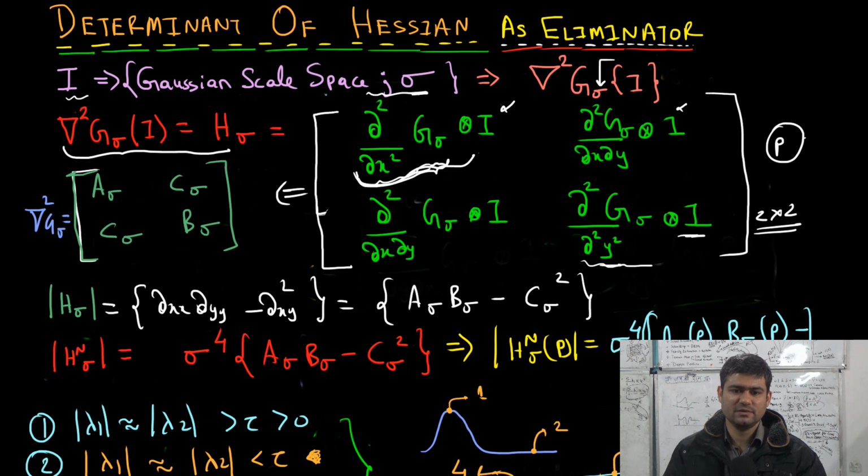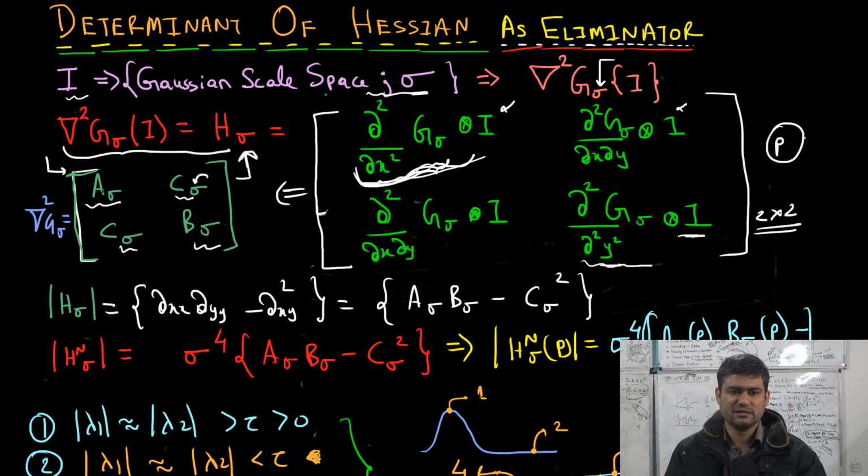And we can represent these individual components as three different matrices: A sigma, C sigma, and B sigma. And the subscript sigma again here denotes our dependence of the Hessian on the scale. So as we discussed previously, we can efficiently pre-compute these matrices and store them.